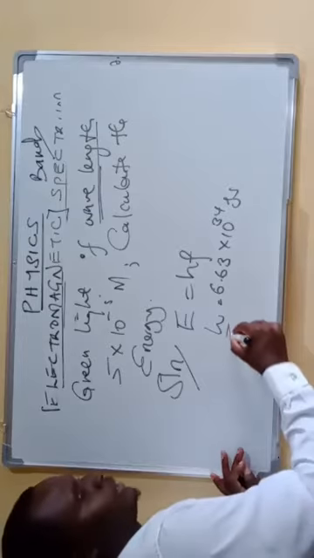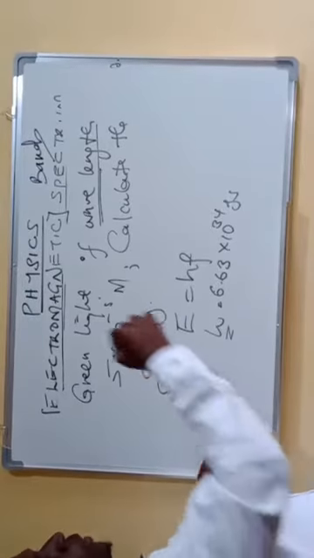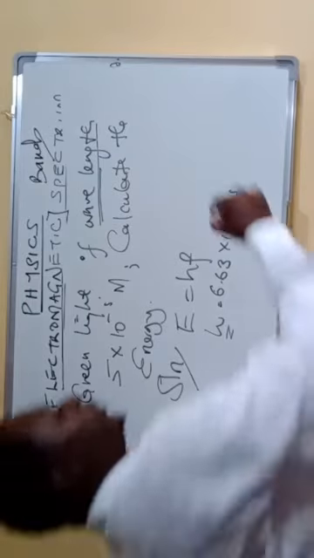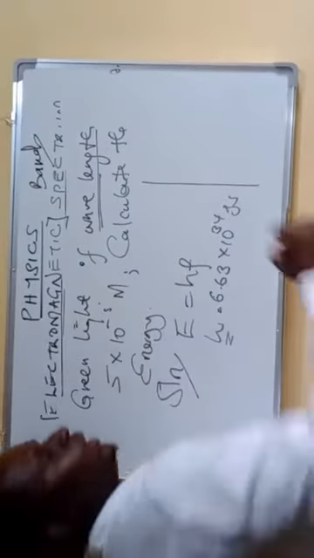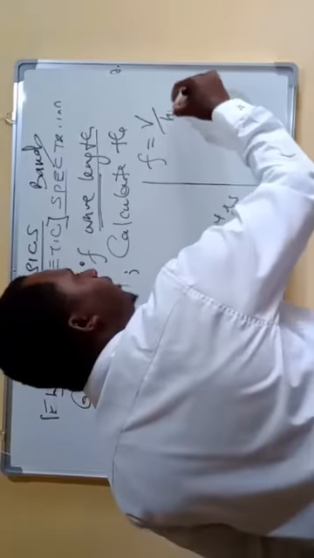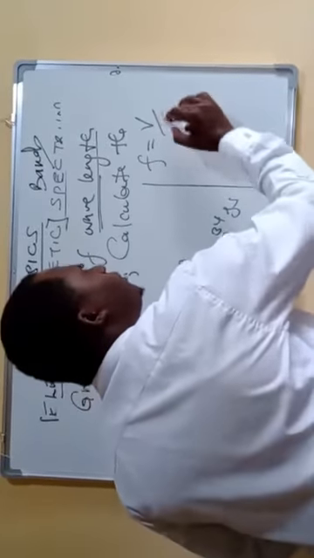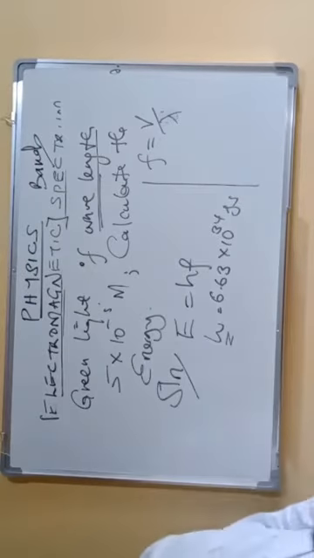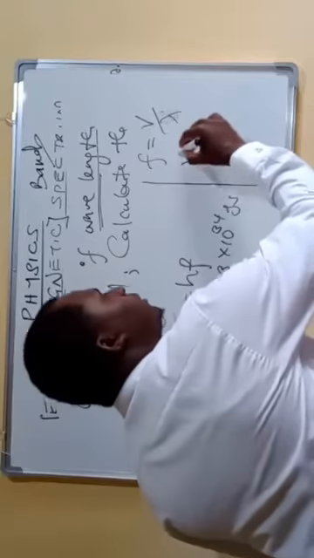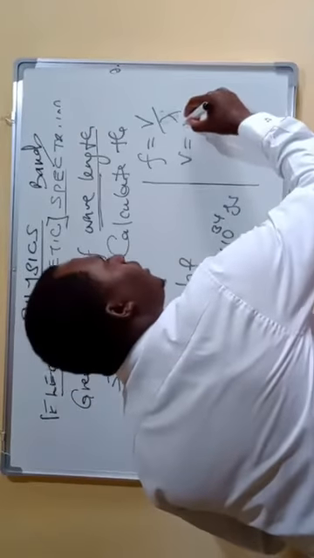That is our constant. You can see we are not given the frequency. However, we can get the frequency from the equation v equals f lambda. Remember this equation from Form 2? v is given by f lambda.